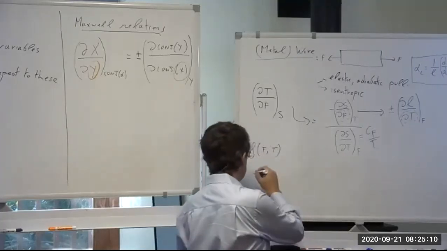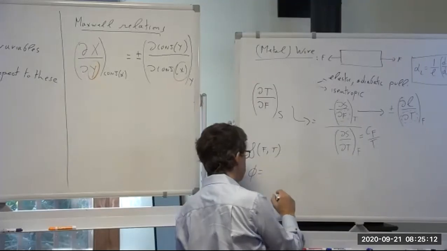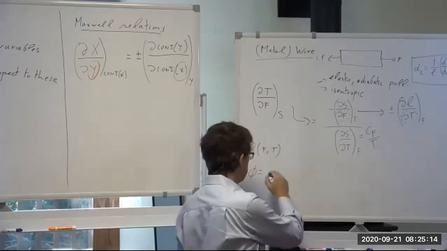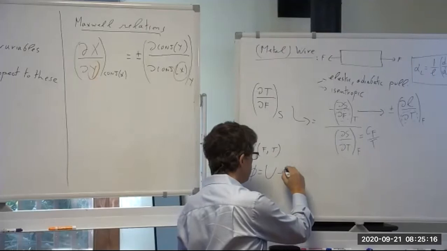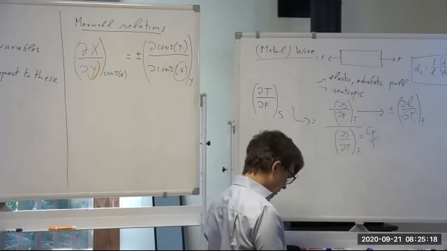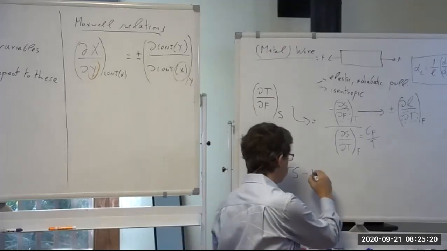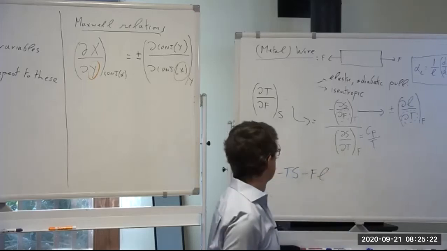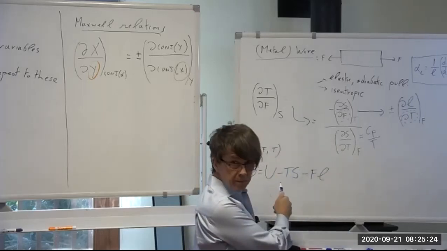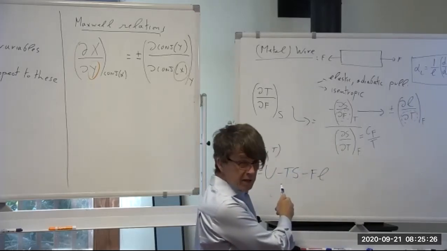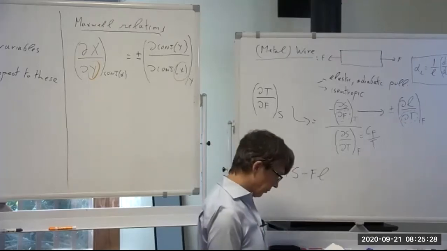So that means that we have to define some free energy, which is a Legendre transform of the internal energy, which is U minus TS in this case, minus FL. Because the internal energy would only be a function of the extensive variables, so I have to Legendre transform twice.